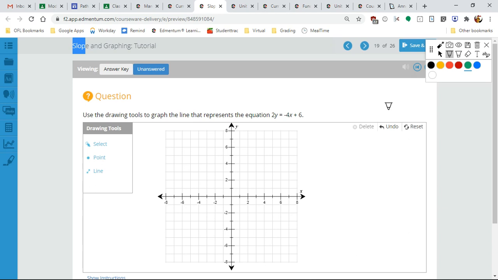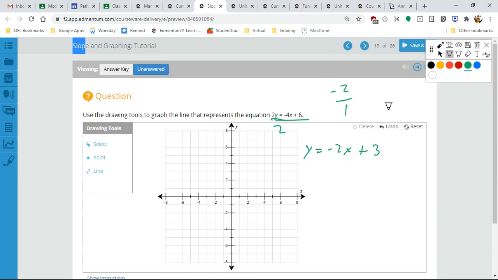So this one, we basically have everything done. We just have to divide by 2. So when we divide everything by 2, we get y equals negative 2x plus 3. And this negative 2 is really a fraction. You guys just don't see it. Negative 2 over 1. That's where this over 1 rule comes from.